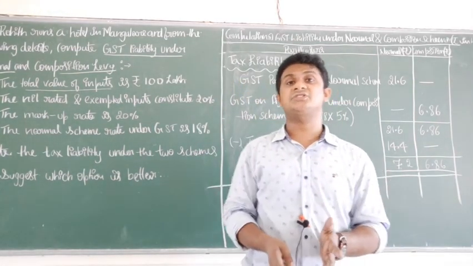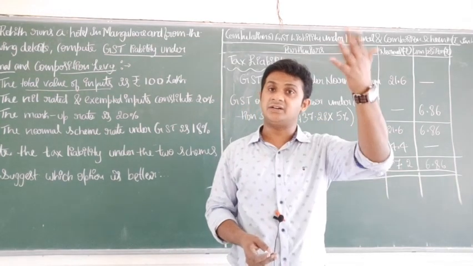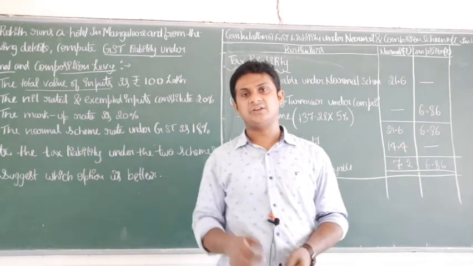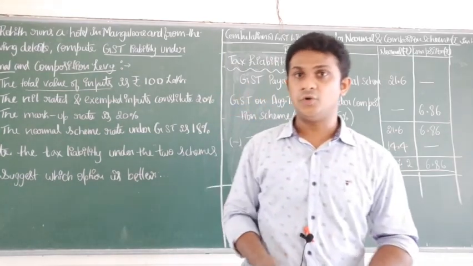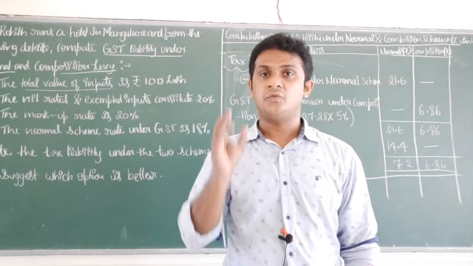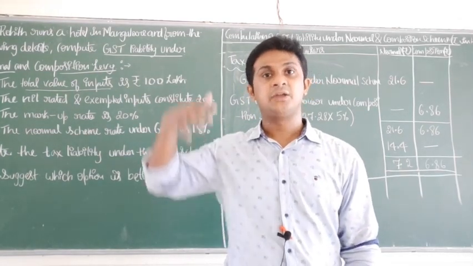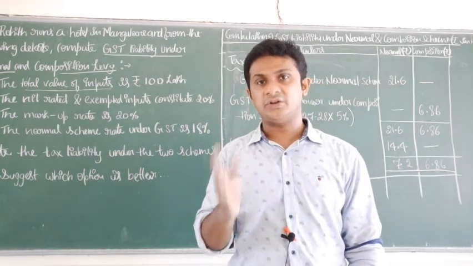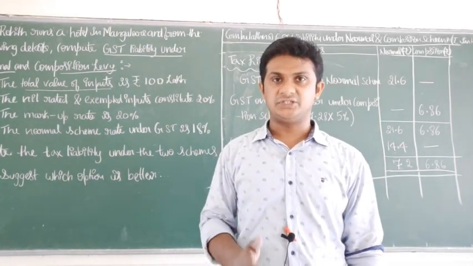If compliance cost is given, that has to be added to the total GST payable. Then we will get a value that we can call the benefit or net outflow. Based on that value, we have to make a suggestion to the dealer whether he can opt for regular scheme or go for composition scheme.